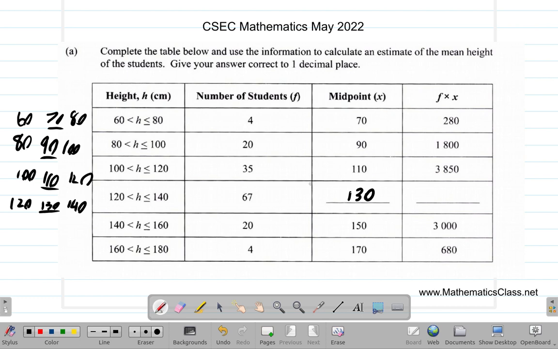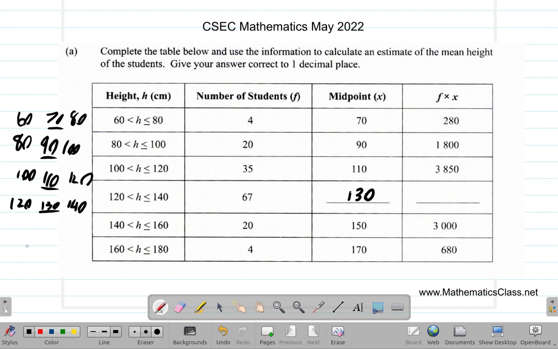Now, f times x. Number of students is f. Midpoint is x. So 4 times 70 is 280. 20 times 90 is 1800. 35 times 110 is 3850. So therefore, what you have here is 67 times 130.